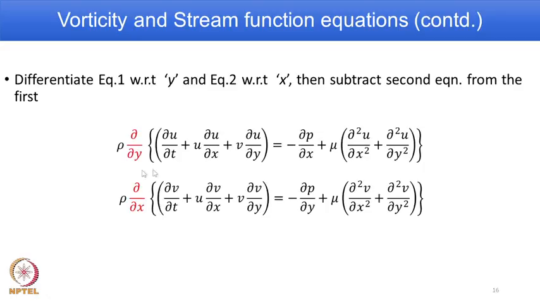So, mathematically it is given here. This is the first equation in this bracket, the x momentum equation, differentiated with respect to y. Similarly, the second momentum equation differentiated with respect to x. Whatever you obtain, subtract one from the other. So, we will take term by term and see how this is done.